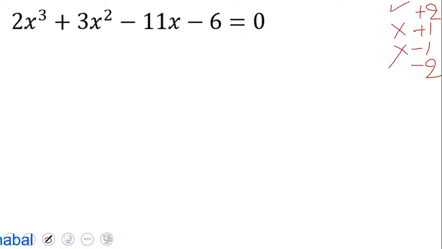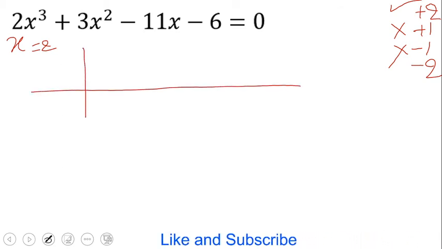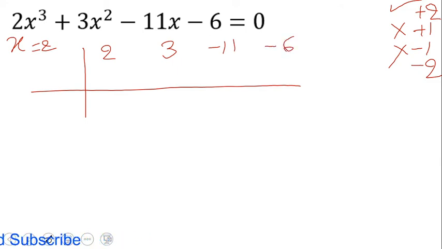Yes, plus 2 we get 0 equal to 0. Then x equal to 2 is one root. Then further, see the coefficients are 2, 3, minus 11, minus 6. Then x equal to 2 is one root, I write that as it is.